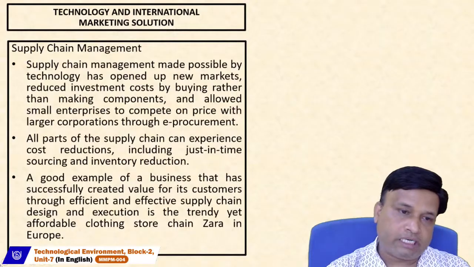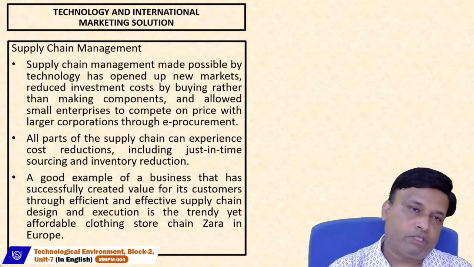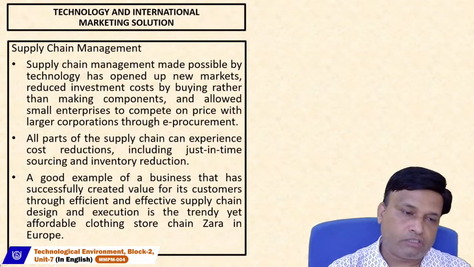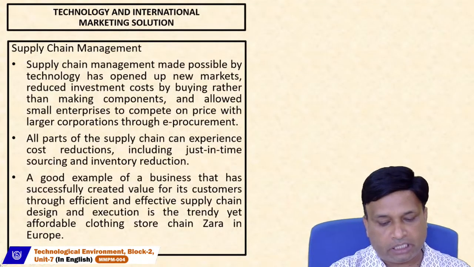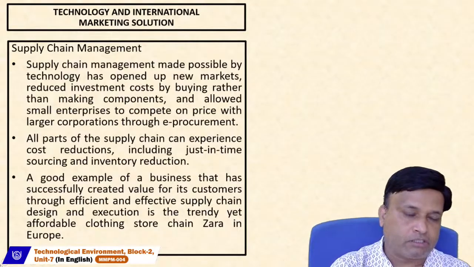You are getting the products on time, and with inventory reductions, there is no need to have space for inventory. These things are possible because of the technology. Technology is making all things possible because technology has reduced the distance and integrated each part of the discussions.